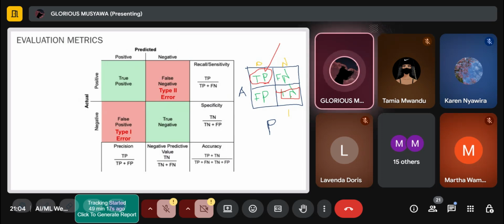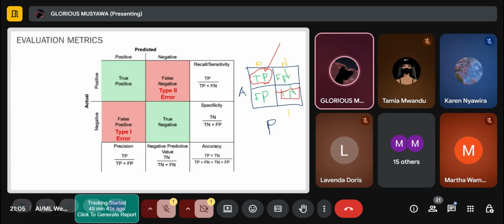And then we have true positive, true negative. We have the false negative. The false negative is where it has not predicted anything correctly. It has misclassified everything.